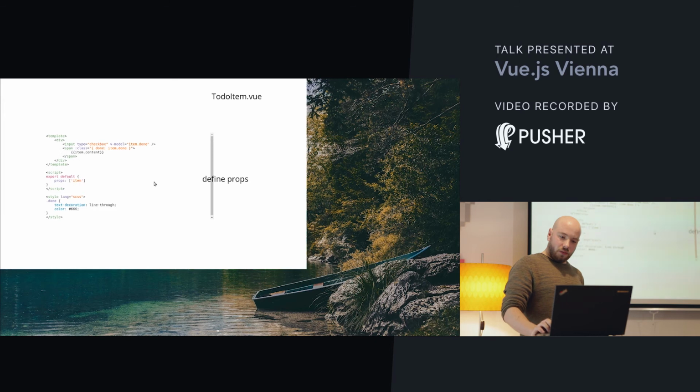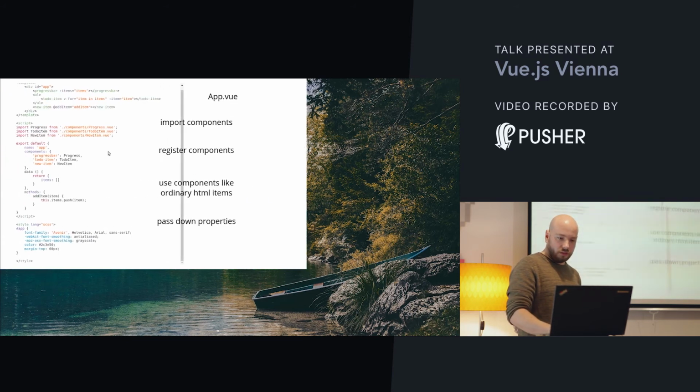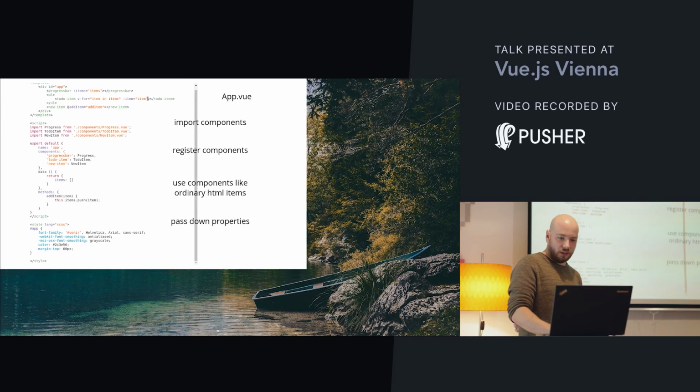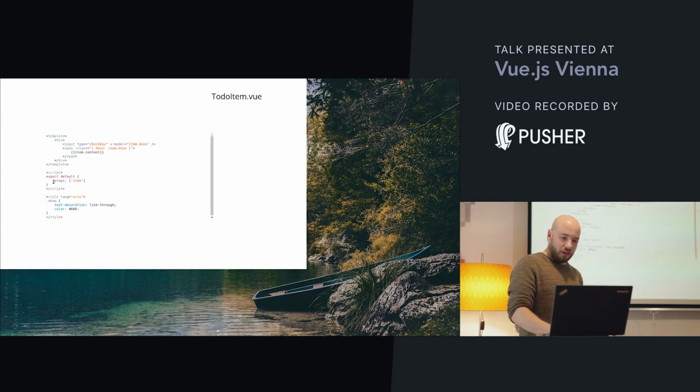The to-do item looks as follows, and here we see how to define properties. As we saw before, the to-do item gets an item property, and by declaring it here, we can use it as if it was in our own data property. So we can display the item in our template.